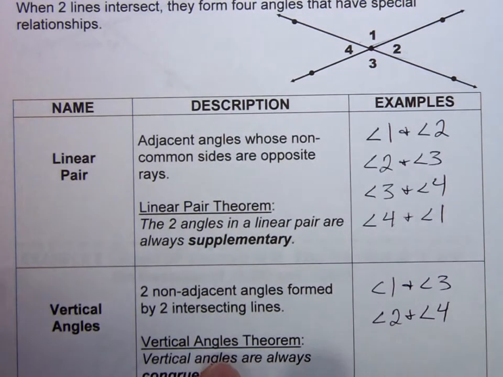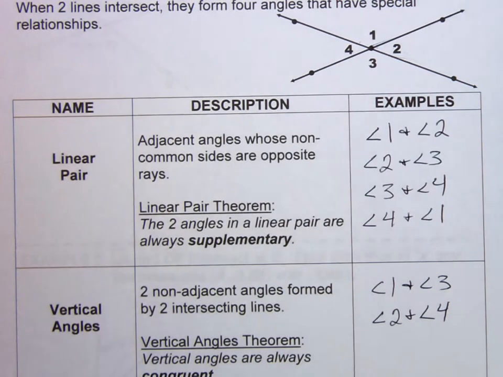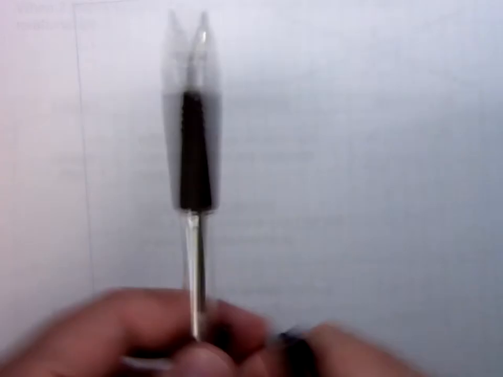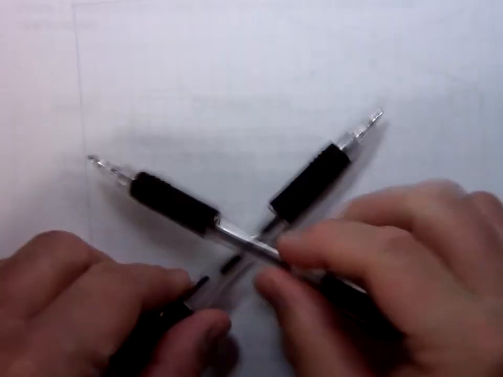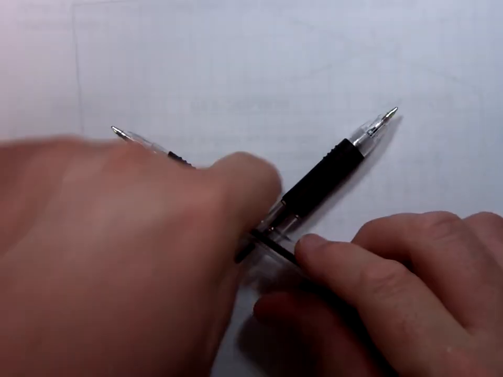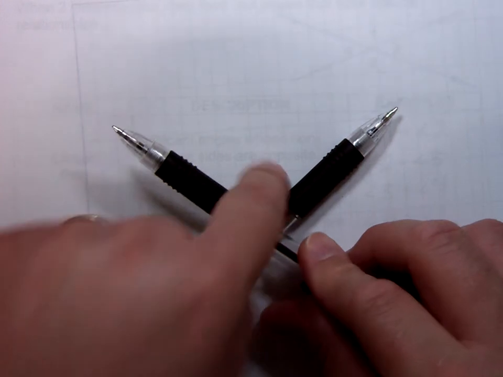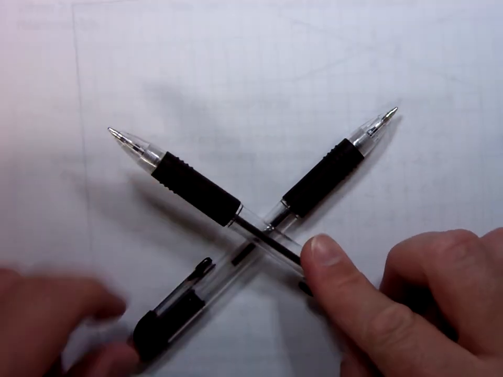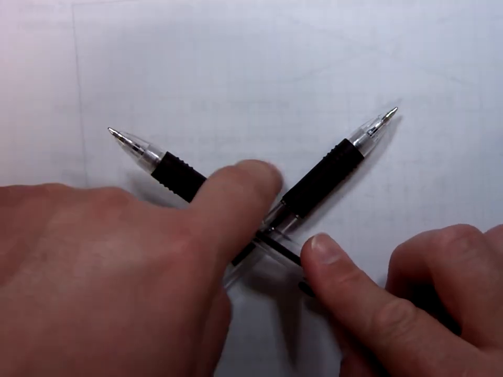Now the vertical angles theorem tells us that vertical angles are always congruent. And just think about this for a second. If I have these two pins, or my two lines, and they're making an angle here and an angle here. If I make this angle smaller, watch what happens to this angle.